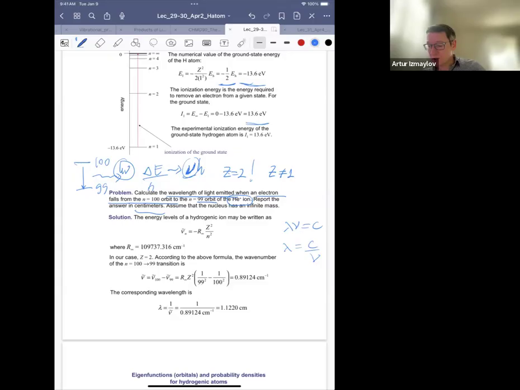We could go like that, or here is the example where we can use this Rydberg constant, because the frequency is just this Rydberg constant times Z squared divided by n squared. You put in this Rydberg constant, it already gives you energies or frequency in centimeters, and the math is relatively simple. You just take the difference between the 100th level and the 99th level.